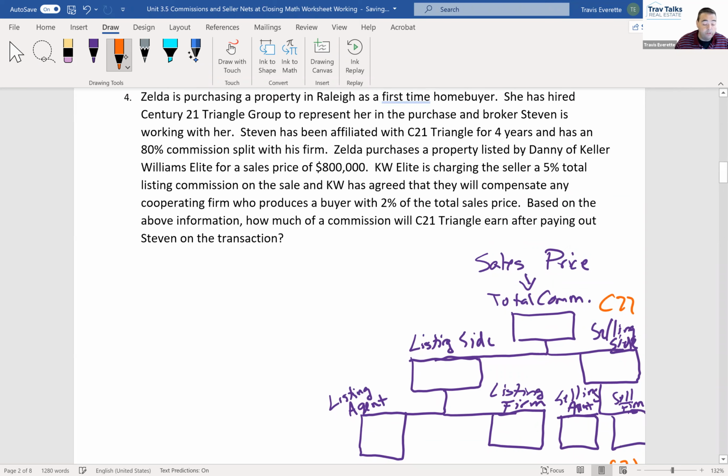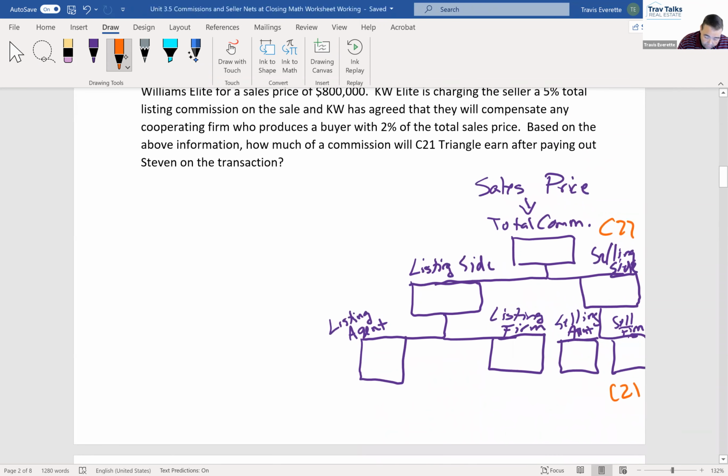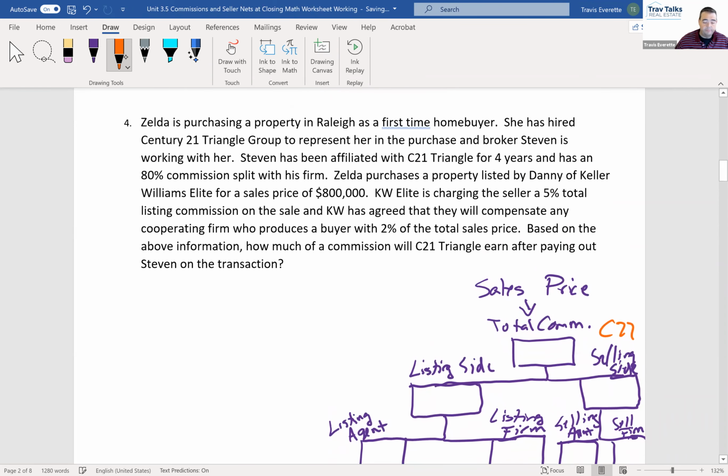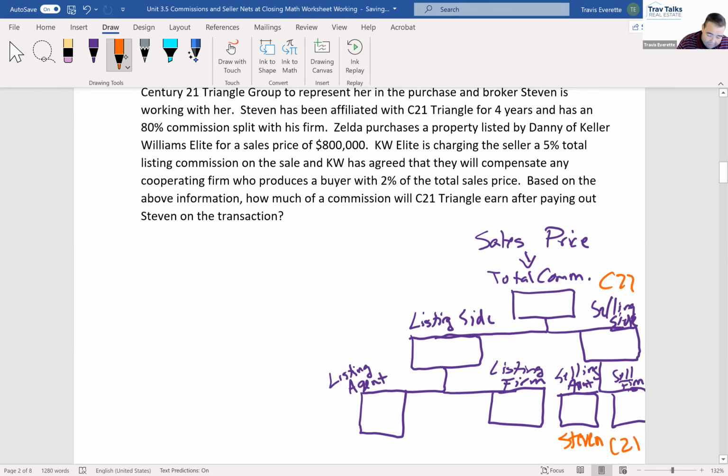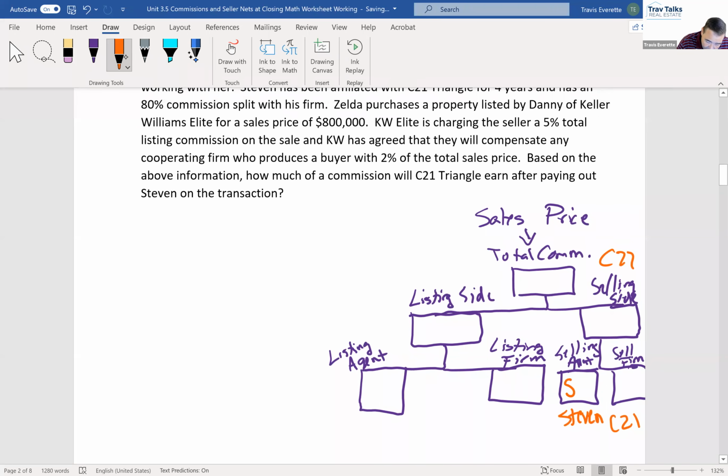And it says, and broker Stephen is working with her. So we can put Stephen right here as the selling agent. We know who he is. So Stephen has been affiliated with Century 21 Triangle for 4 years and has an 80% commission split with his firm. So go all the way down here to Stephen and give him 80%.